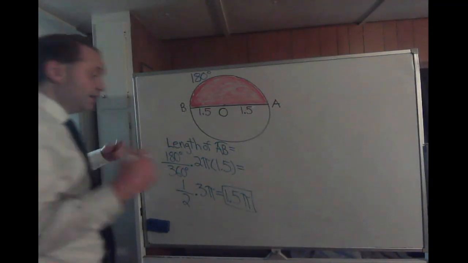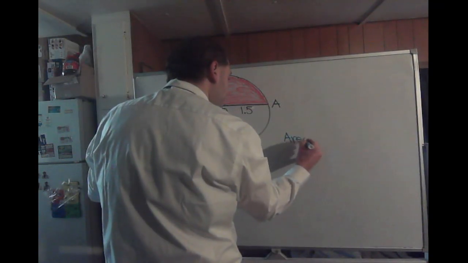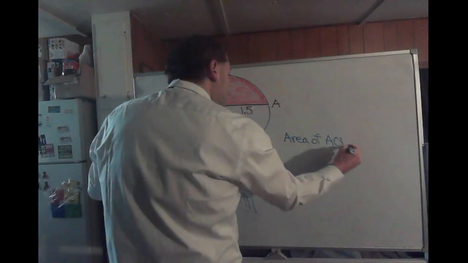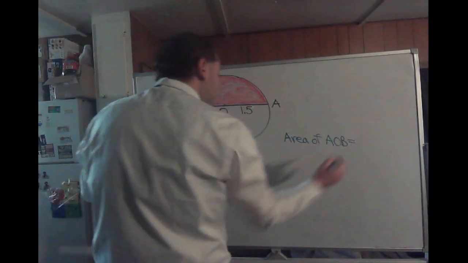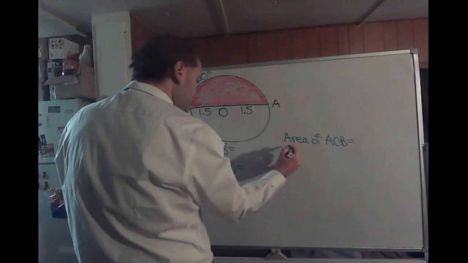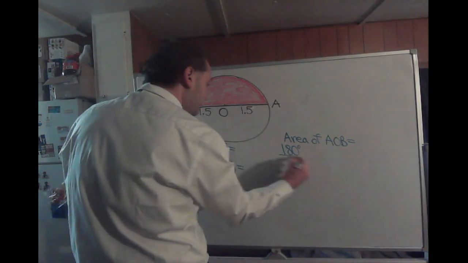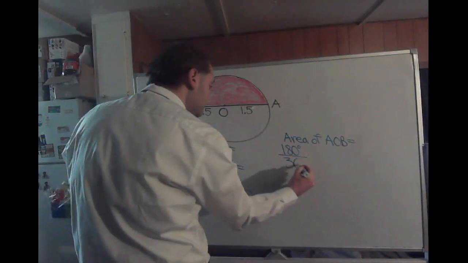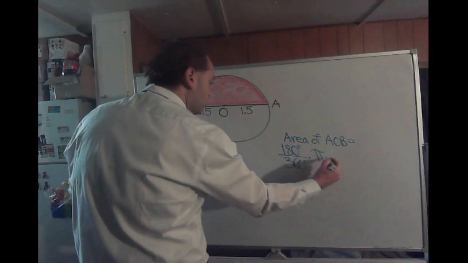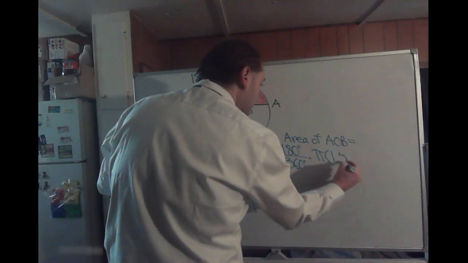Now we can find the area of sector AOB. So the area of AOB is going to be equal to, of course, the 180 degrees out of 360 degrees times the formula for the area of a circle, which would be pi times that radius of 1.5 to the second power.